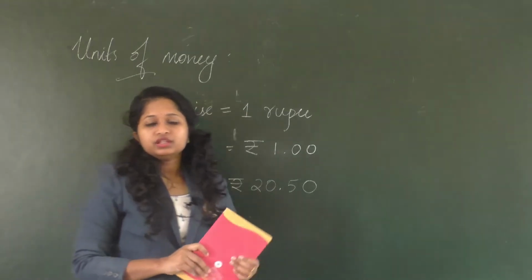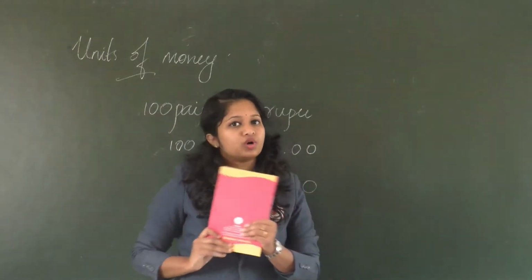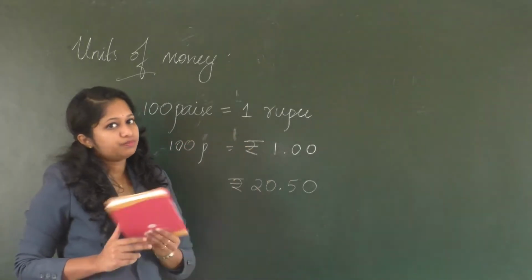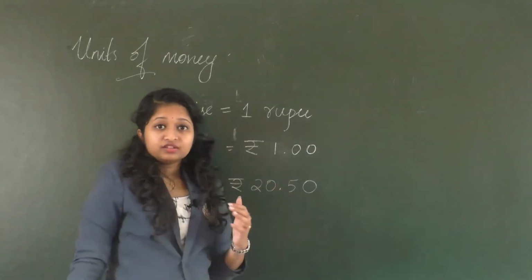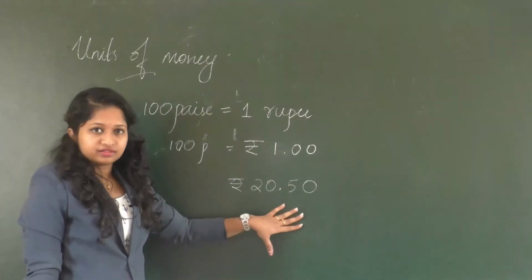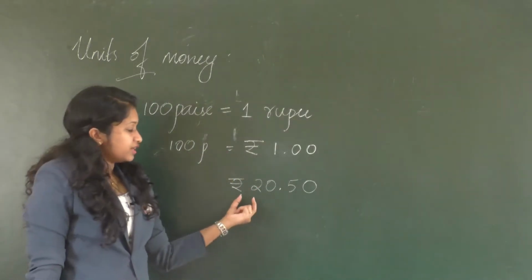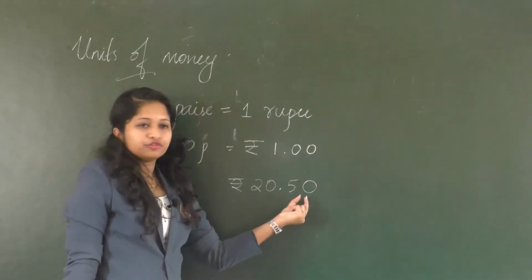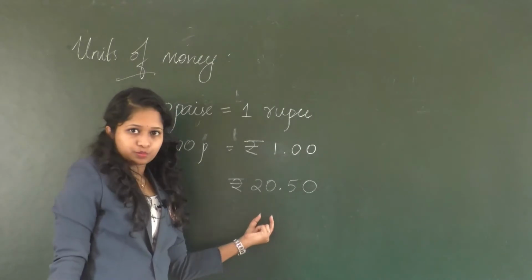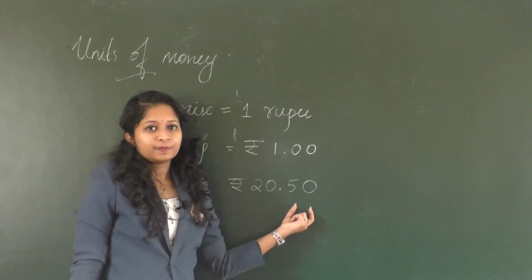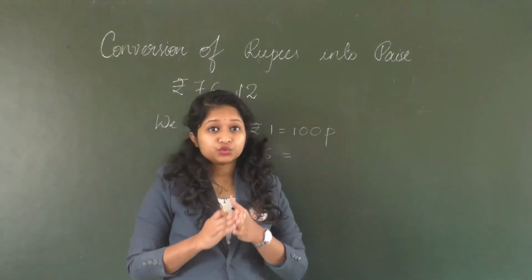For example, if the cost of one notebook is rupees 20 and 50 paise, then we can represent it like this. We can write it as rupees 20.50. So this is rupees and this is paise. So children, we learned about the units.